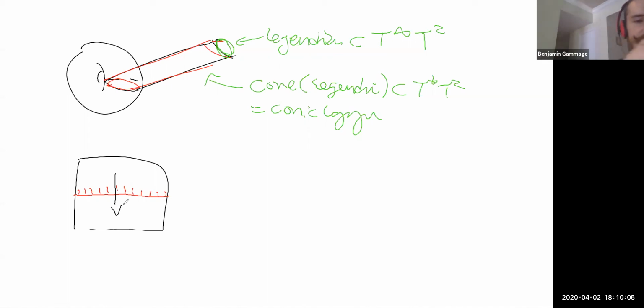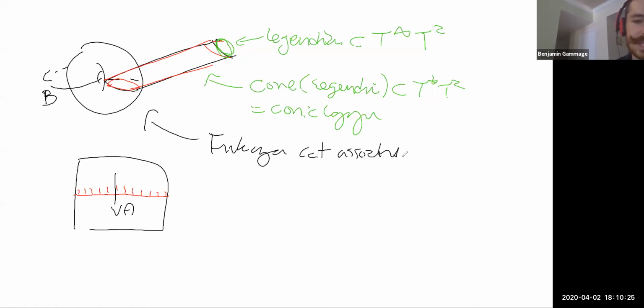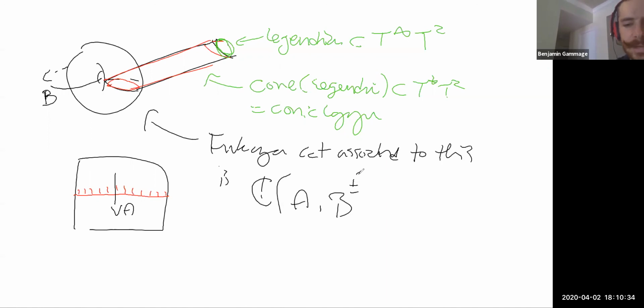So my two torus, in other words, has a usual monodromy going like this. This I'll call M, or I'll call B maybe. And then it has this non-invertible monodromy A. So the Fukaya category associated to this is modules over, so I've got my two monodromies, only B is an actual monodromy and A is allowed to be non-invertible.